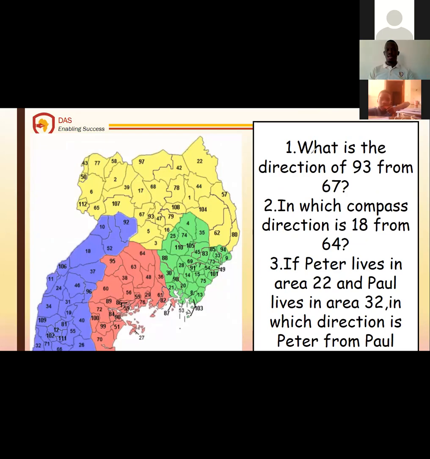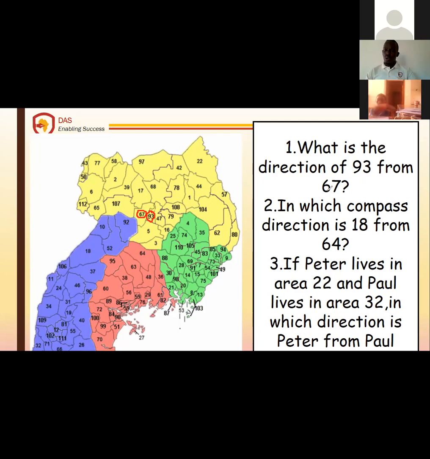For example, the question we have here as number 1 says, what is the direction of 93 from 67? 93 is a place, and according to this map, it is here. 67 is here. Now the question is saying, what is the direction of 93 from 67?